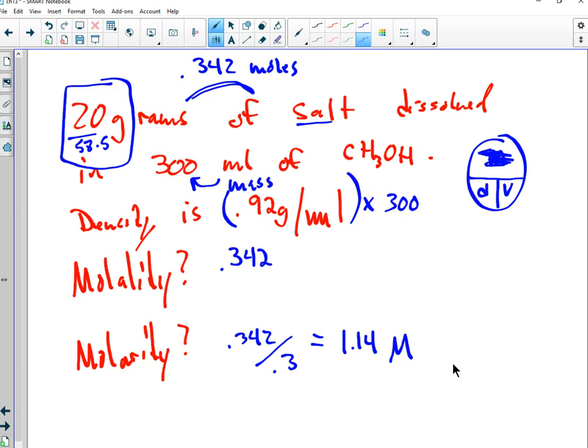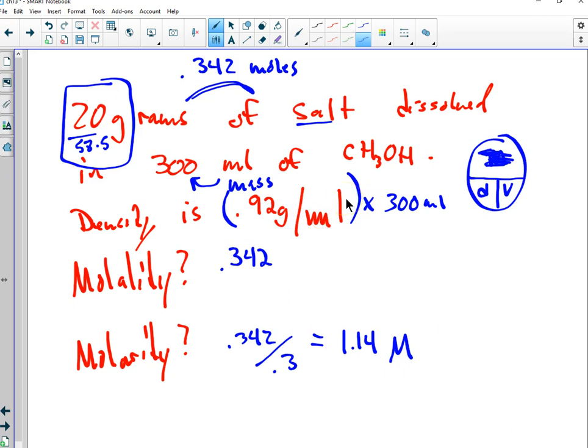It can be in milliliters, that's fine. As long as the thing's in grams, that's all I need. I need these to match. It wouldn't because you then have to move the decimal anyway. Because it would be like 92 grams or whatever.